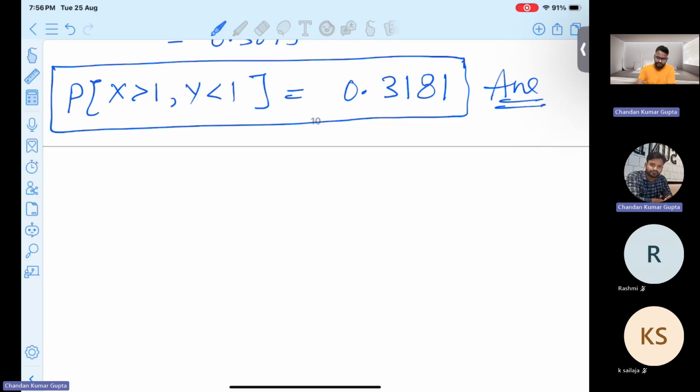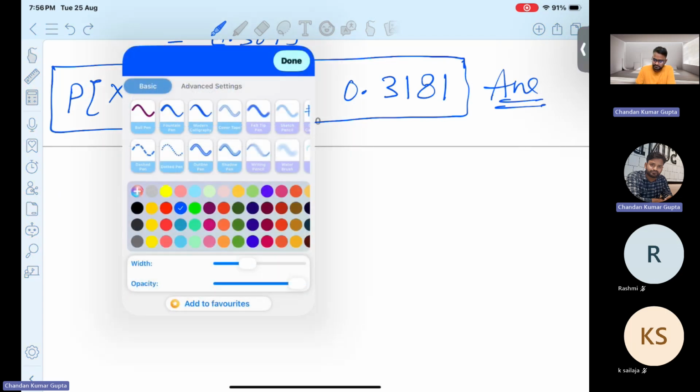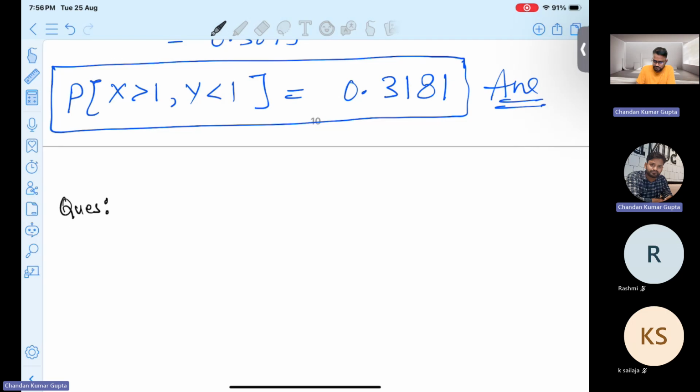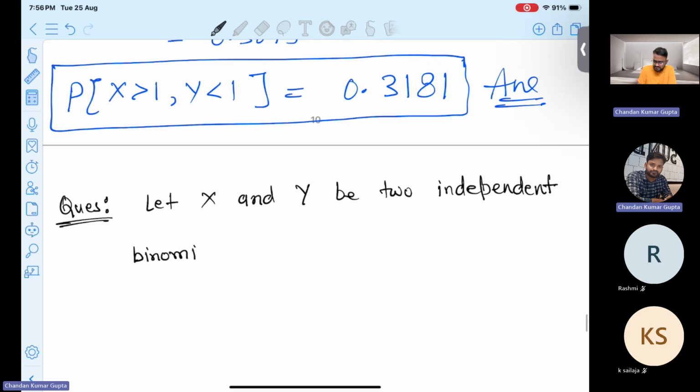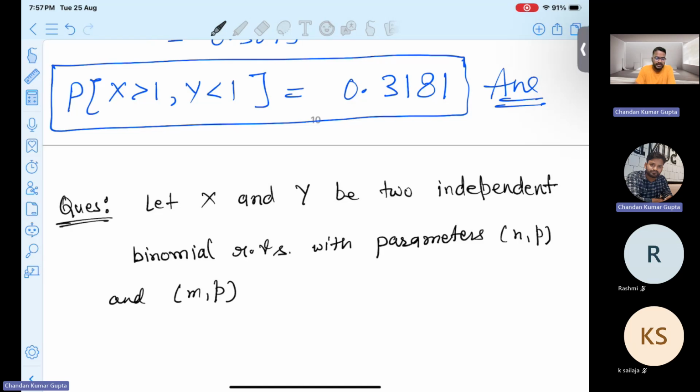Okay, so the next question is, let x and y be two independent binomial random variables with parameters n, p and m, p respectively.